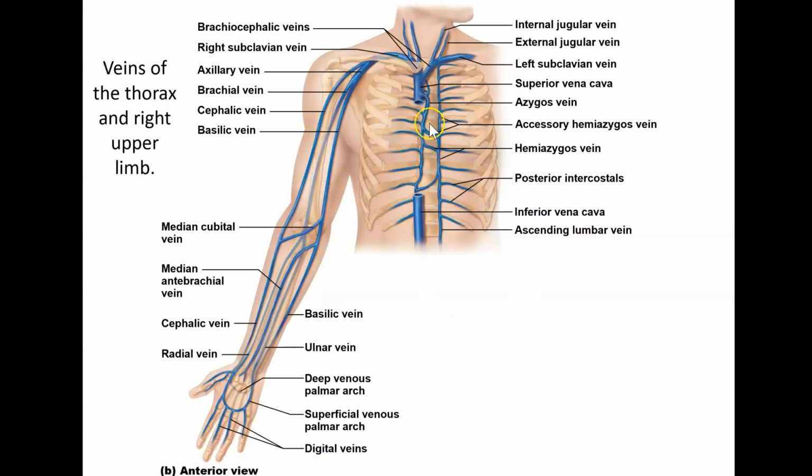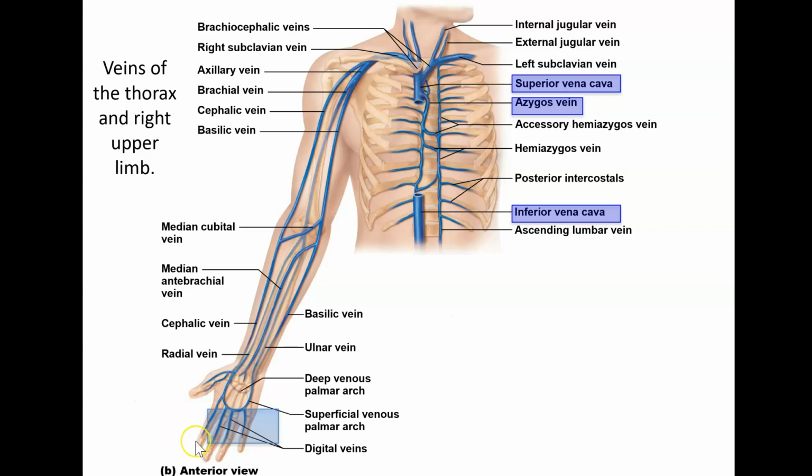So here was our azygous vein on the right side, and then you can see on the left side I have my accessory hemiazygous vein, and sitting a bit more inferiorly would be my hemiazygous vein. And all of these are going to drain together into the superior vena cava to then drain into the right atrium.